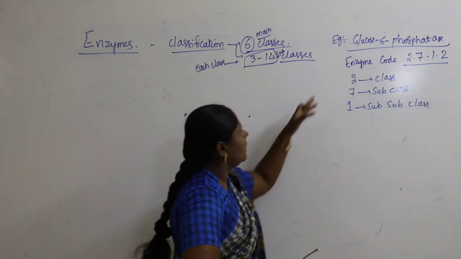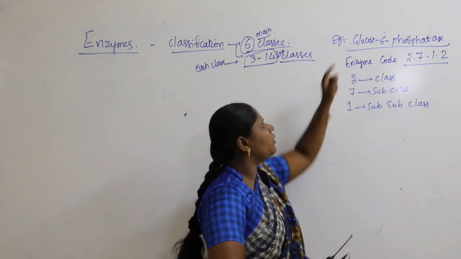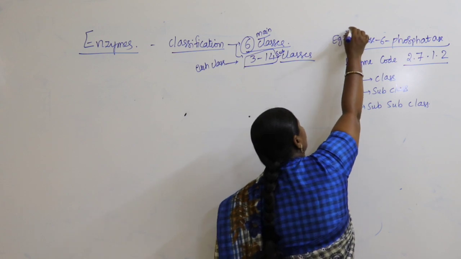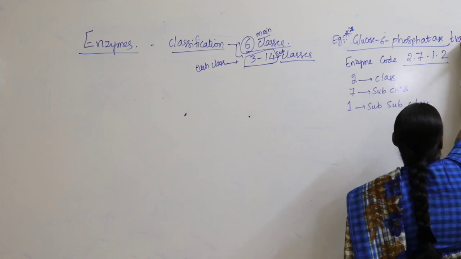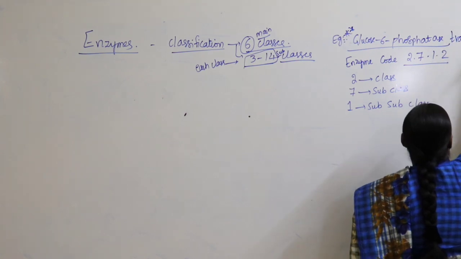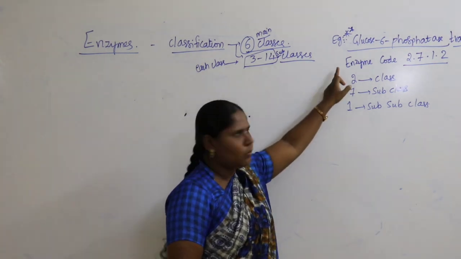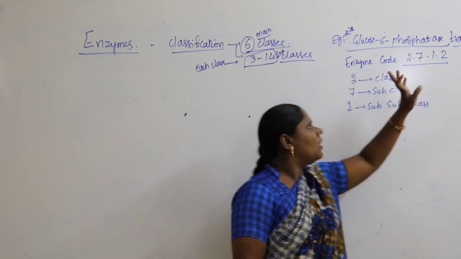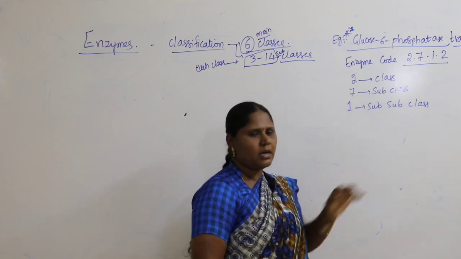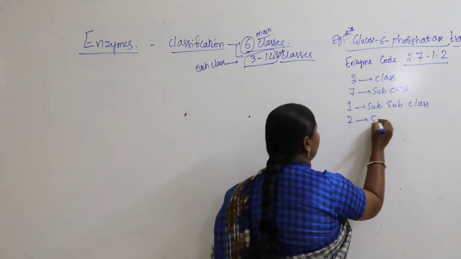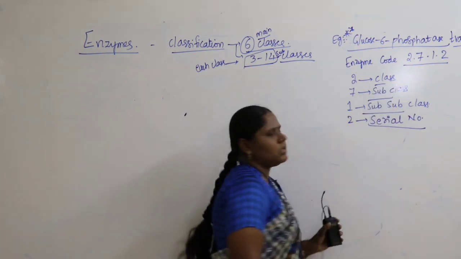What am I trying to say? Every enzyme has its own enzyme code. For example, glucose 6 phosphate transferase has an enzyme code of 2712. 2 is the class, 7 is the subclass, 1 is the subclass, and 2 is the serial number.